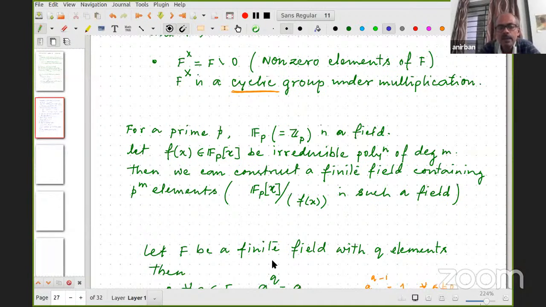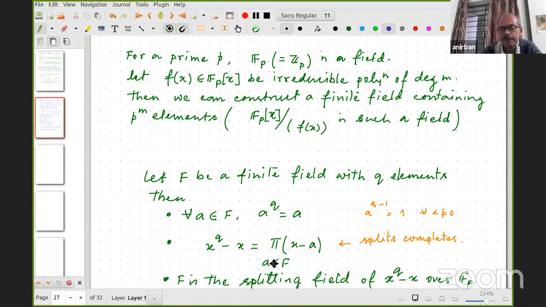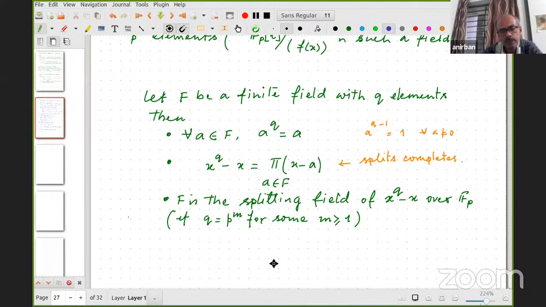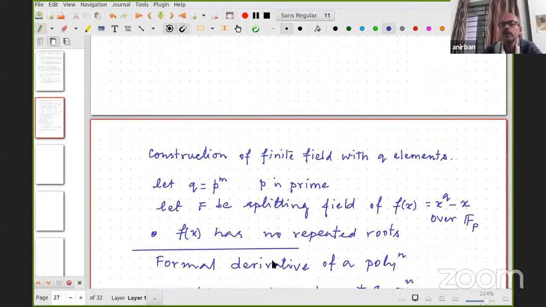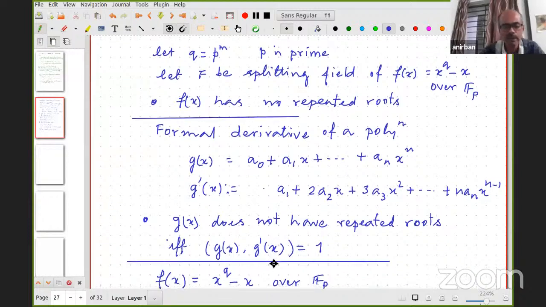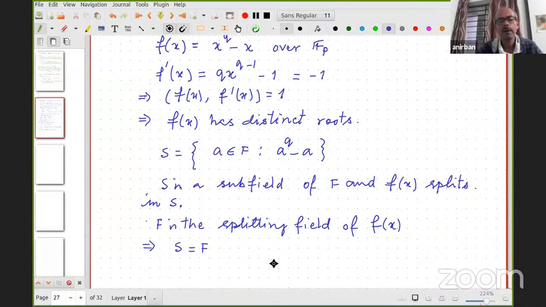So given an m, can we get an irreducible polynomial of degree m? Do we have irreducible polynomials of any given degree over Fp? That's the question. That we bypassed, and used the splitting field argument to construct it. So we'll get back to that question actually. Irreducibility is going to be our main theme in the next part.